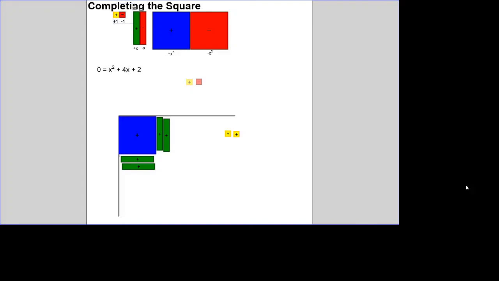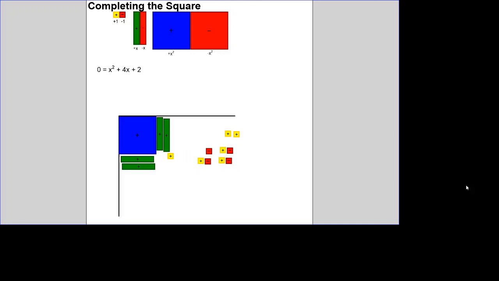Okay, but we also need to make sure we add in the zeros that we need. Now what I like to do is I like to just ignore that positive 2 for now and just deal with the zeros. I need 4 positive 1s here to complete my square. So that means I need 4 zeros to complete my square. So I'm going to take my 4 zeros, I'm going to add it into my square here.